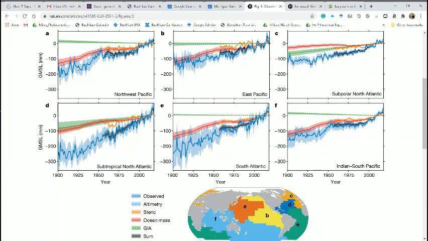And then dark blue is observed sea level rise. Orange is steric. So I guess that's referring to the thermosteric contributions to sea level rise, like expanding water when you heat it up.